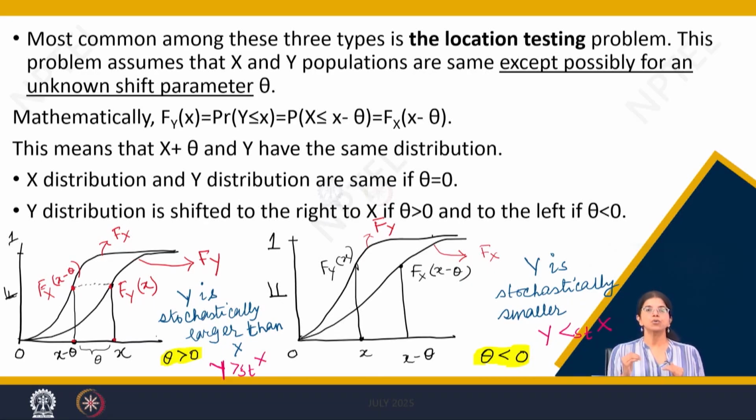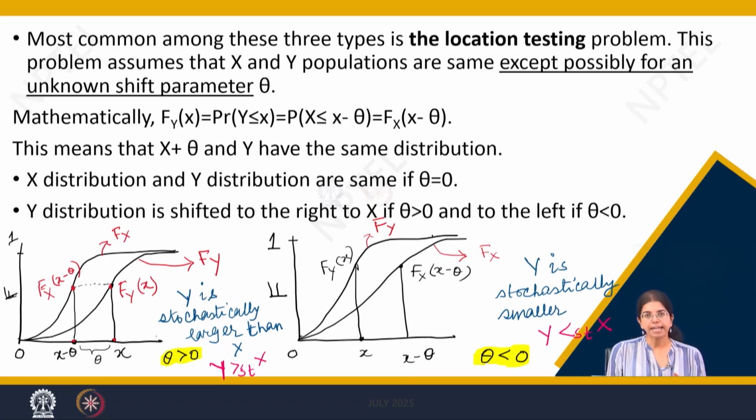So basically two sample testing problems deal with these three categories of testing: first, the populations differ by their location parameter; second, the populations differ by their scale parameter; and third, the populations differ by both their scale and location parameters.